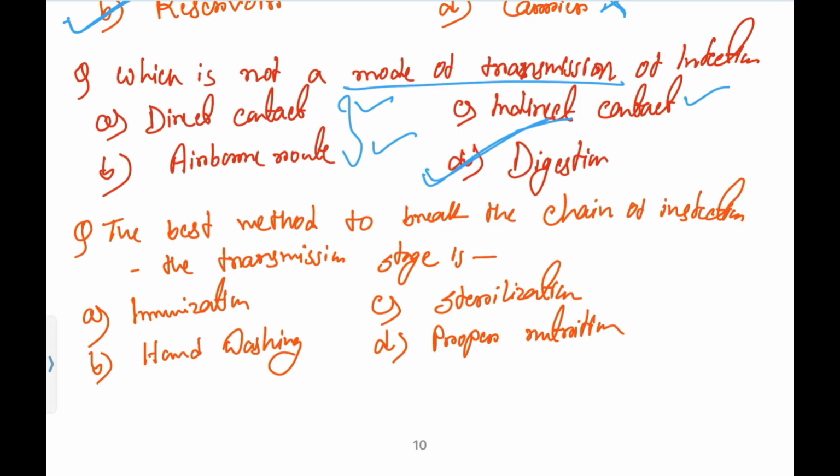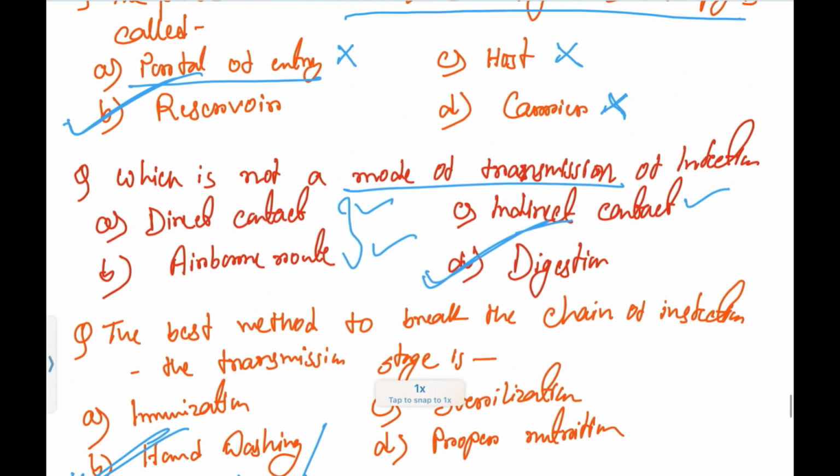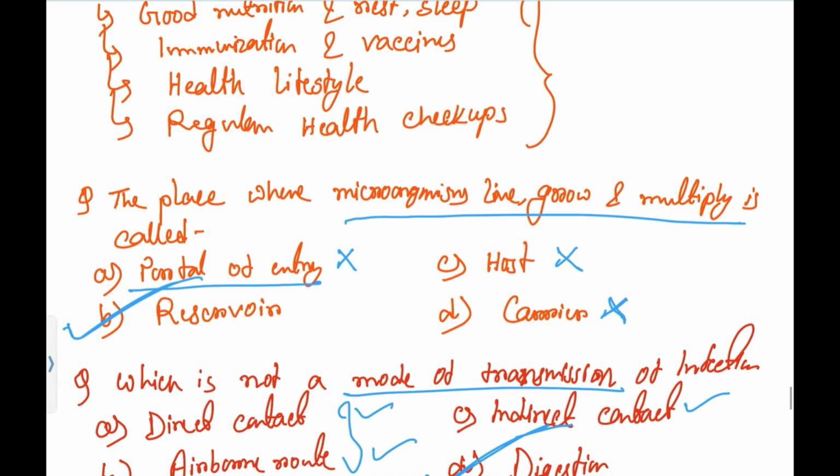So here the answer will be hand washing, or hand hygiene, or standard precautions; all will be the best answer. Although all options are correct, they are asking only for the best method, so the answer will be hand washing, hand hygiene or standard precautions. From these MCQs you got some idea of how to solve questions if an MCQ comes from this topic.